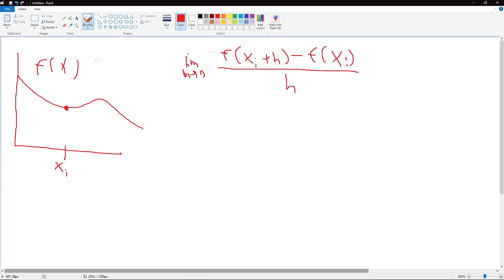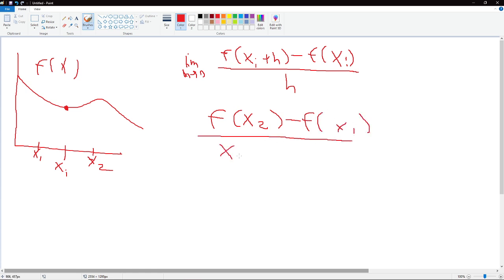If we think back to our average rate of change equation, if we had two values, say x1 and x2, then we could have f of x2 minus f of x1 over x2 minus x1, and this would be equal to our average rate of change.